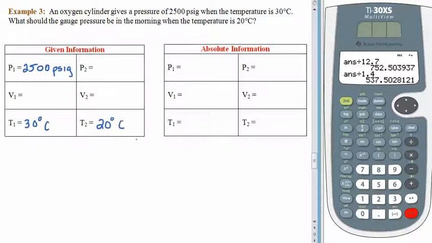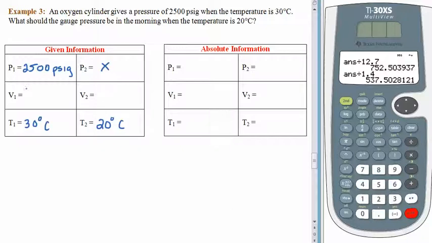So you see there's a lot of stuff in this table that we don't know. We're asked about the gauge pressure, so we're expecting to not know this one. The volume, well, it's in a cylinder. It's an oxygen cylinder. I don't know what the volume of the cylinder is, but I know that the cylinder itself is not going to change overnight.